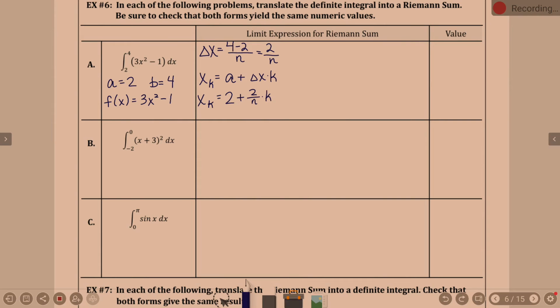So the limit as n approaches infinity of the sum, k equals 1 to what? N. We don't have a value for n. It's unlimited.